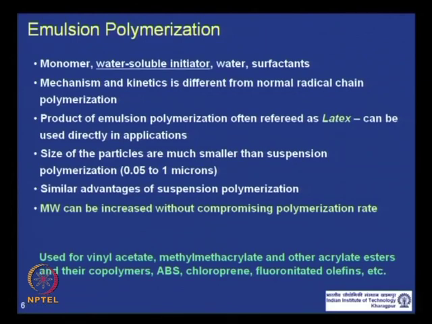A lot of industrial polymers are made by this process, and it started at the time of World War II, when emulsion polymerization was first used to synthesize a synthetic rubber of styrene and butadiene, which was the first example of synthetic rubber.